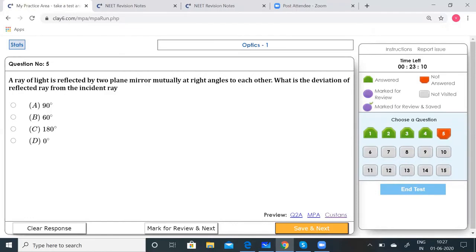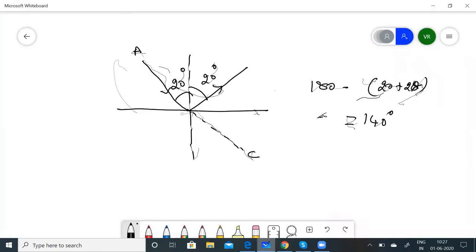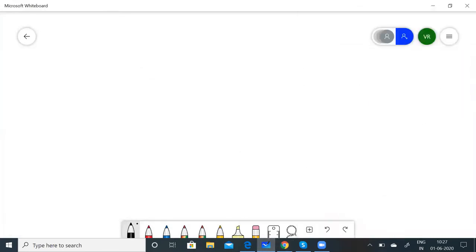A ray of light is reflected by two plane mirrors mutually perpendicular to each other. What is the deviation of the reflected ray from the incident ray? All right. This is quite easy. Let us say two mirrors are perpendicular to each other.